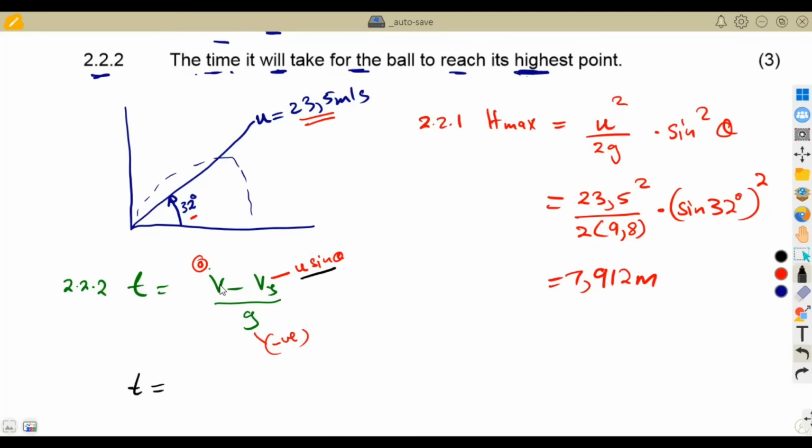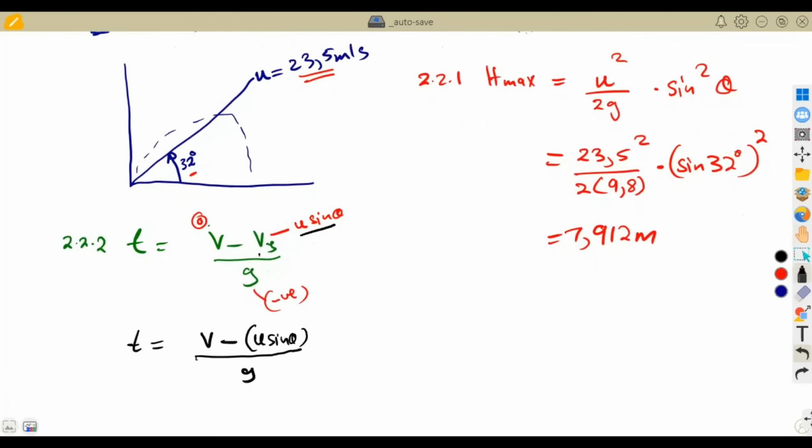So T is going to be V minus Vy, which is u sine theta in place of Vy, over g. So let us substitute. Remember, we have got everything here. At its maximum, the velocity there will be 0. There will be no movement.